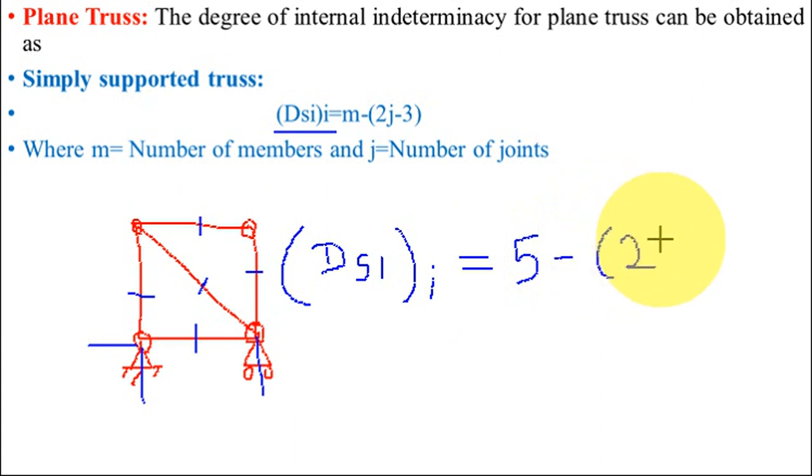So how many joints are there? 1, 2, 3 and 4. 4 joints are there.